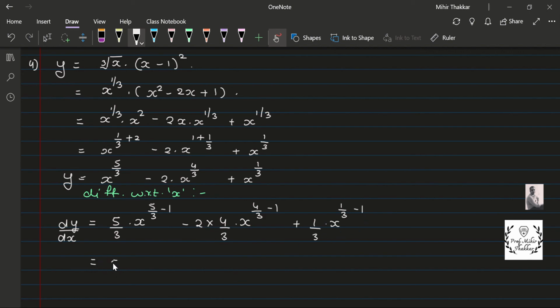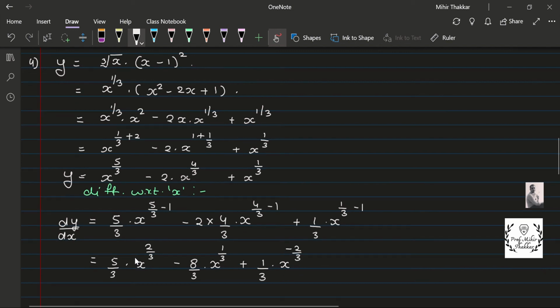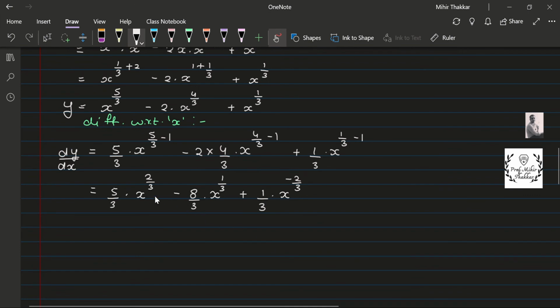Now this 5 by 3 will remain as it is. 5 by 3 minus 1 will give me 2 by 3. 2 into 4, that will give you 8 by 3 x raised to 4 by 3 minus 1, 1 by 3, plus 1 by 3 x raised to minus 2 by 3. Finally, what we will do is we will be taking out 1 by 3 common from all the terms.